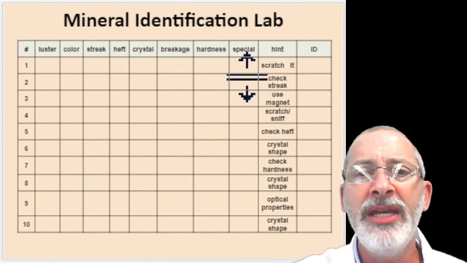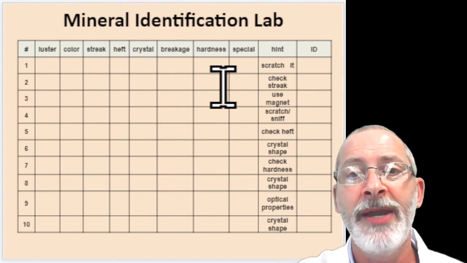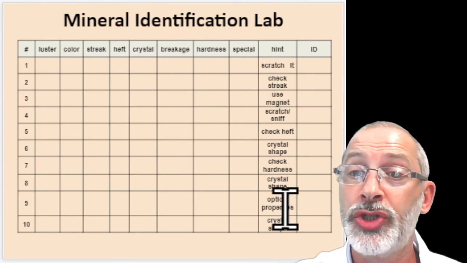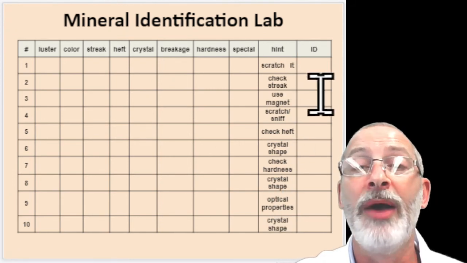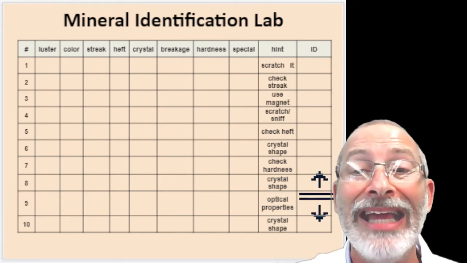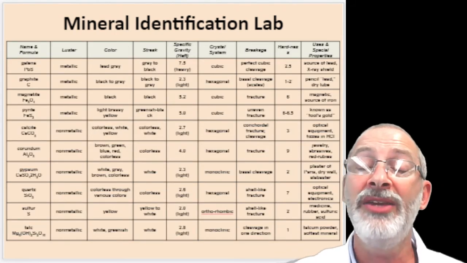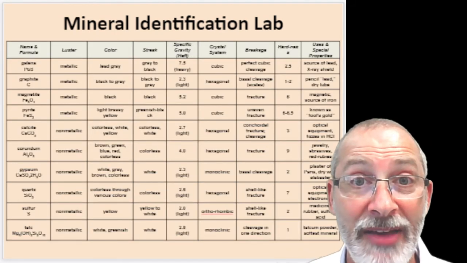Get as many of those characteristics as you can, but the one that I'm really drawing your attention to is the column under hint. That will really help you identify the mineral based on the information that I have in your book.